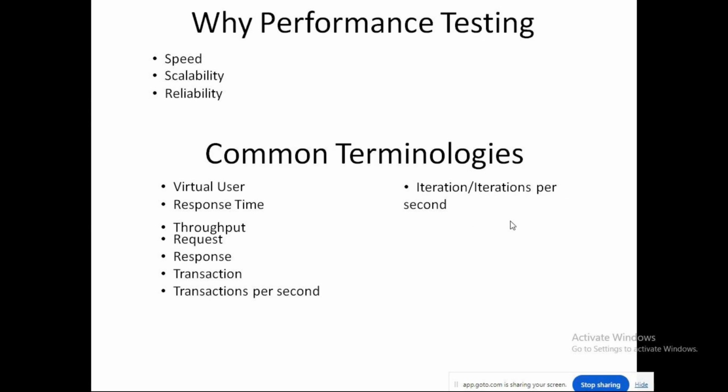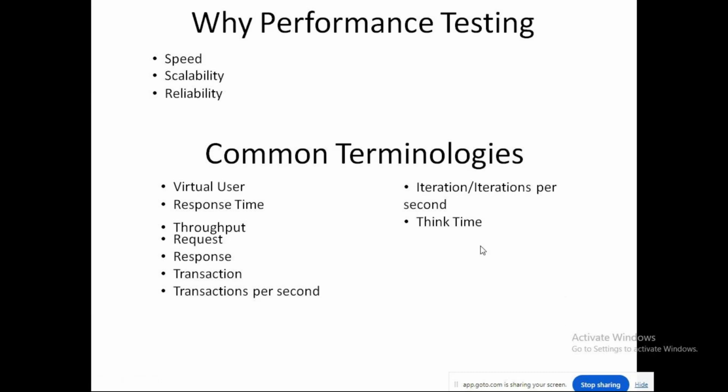So in one iteration, there are multiple transactions happening: launch, login, search product, then select product, add to cart. These are all transactions because interactions will happen with the server. Is it clear, everyone?